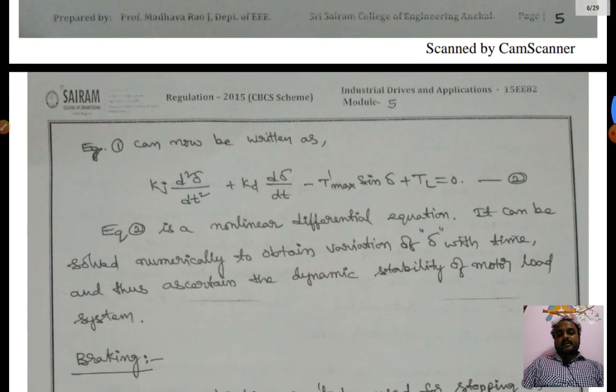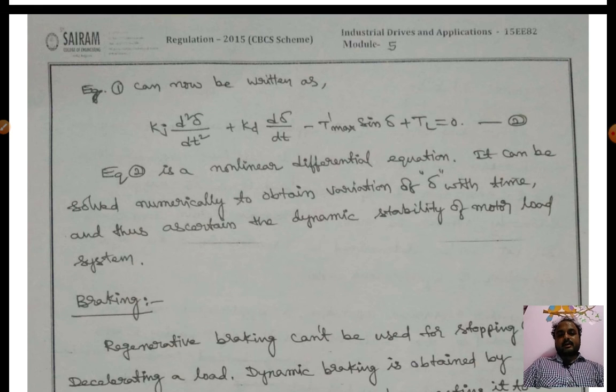After substituting these formulas you will get equation 2, which is a non-linear differential equation. It can be solved numerically to obtain the variation of delta with time, and thus the dynamic stability of the motor load system.